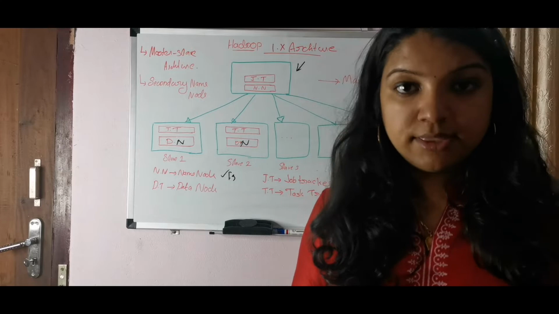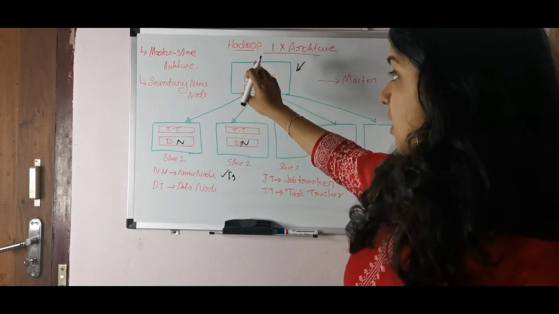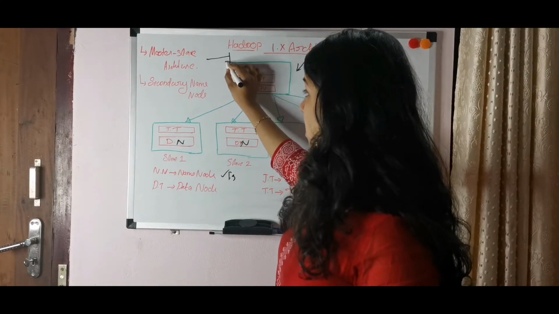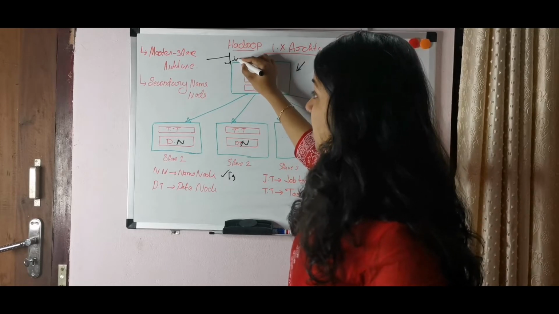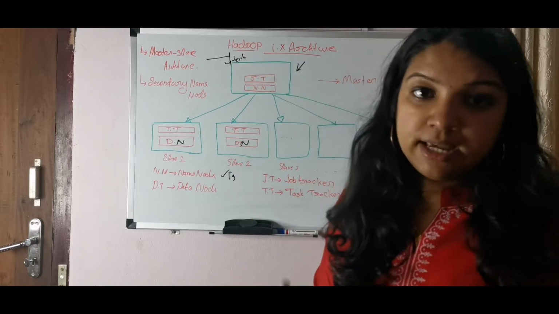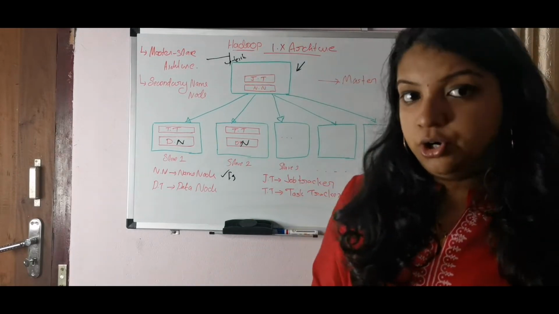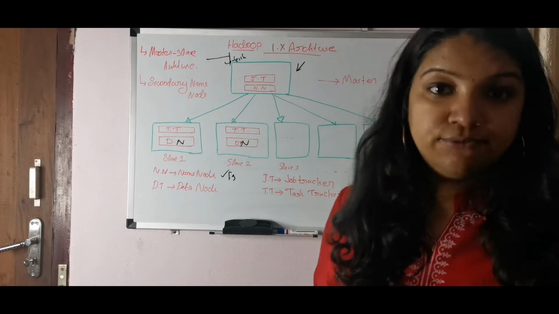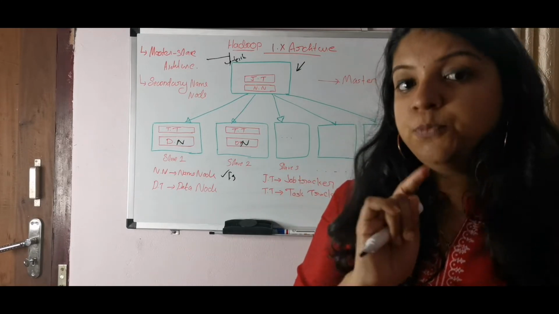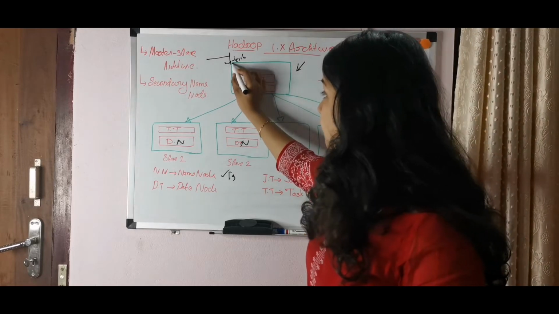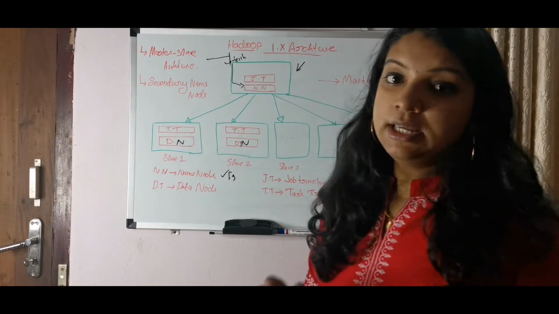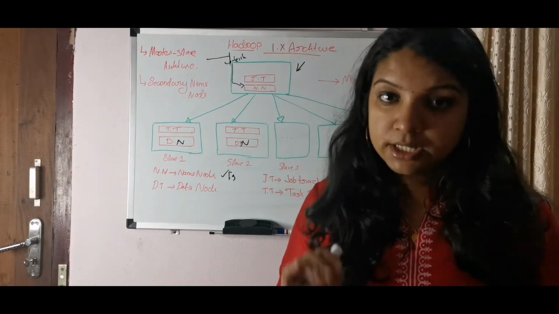For example, a client comes and checks whether a file, text.txt, is available or not. Only then can we write something to that file, right? So the first point of contact is the name node, checking whether the file is present or not.